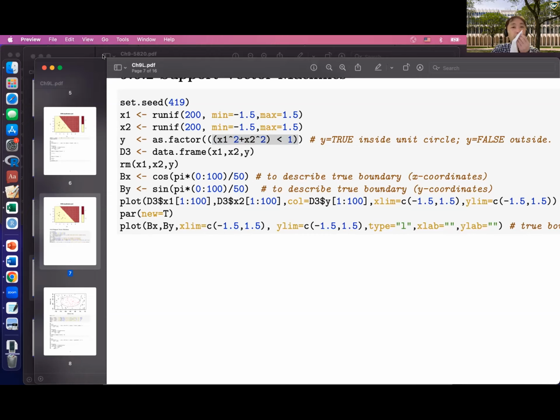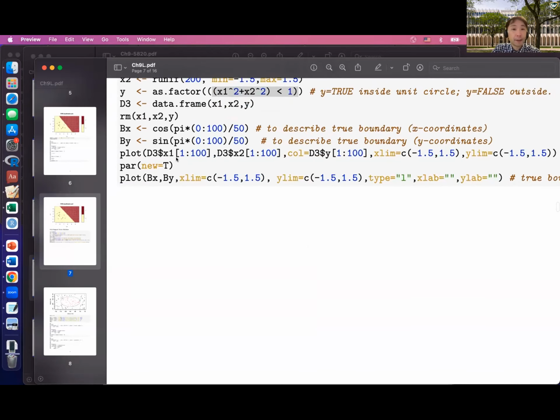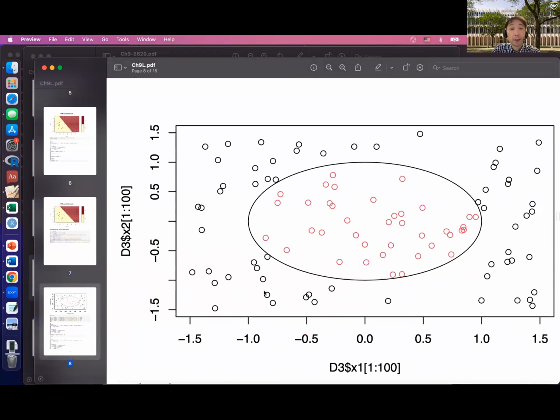The other lines are just to make this plot.